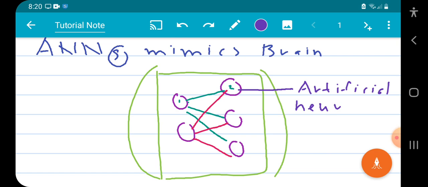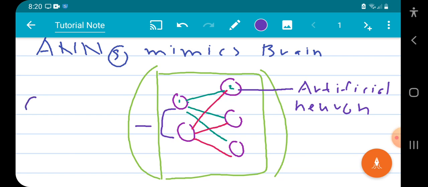So what do these lines represent? These lines represent that each of these neurons is passing information to the next neuron.